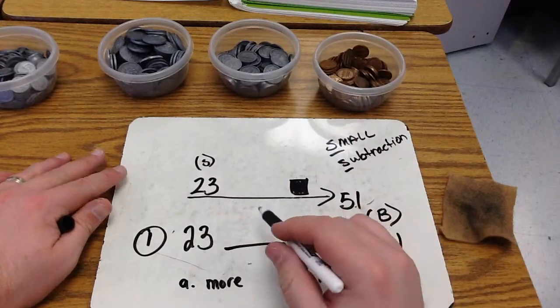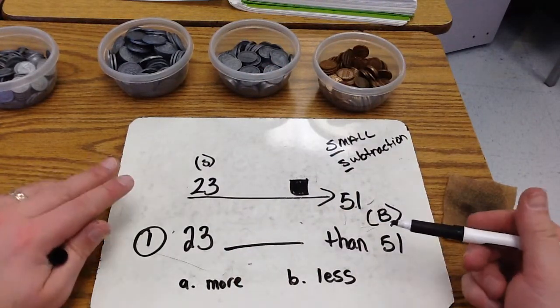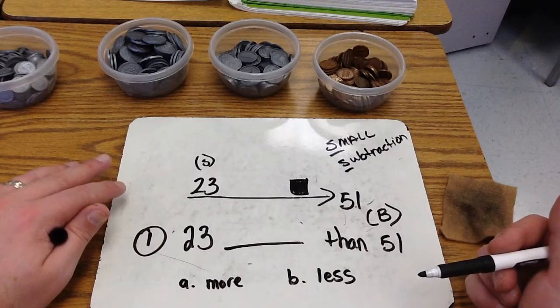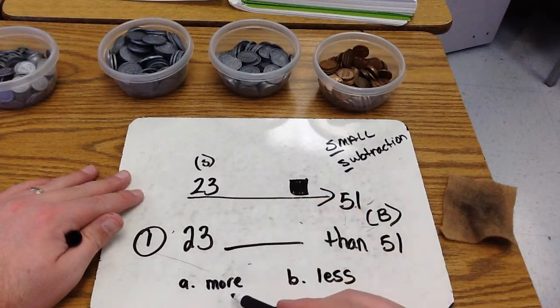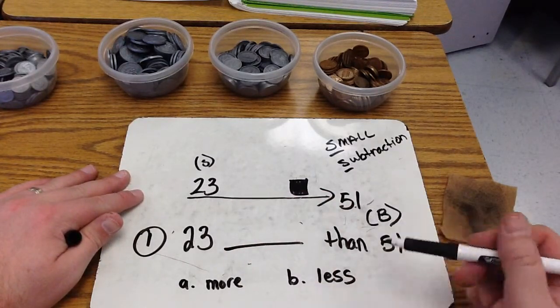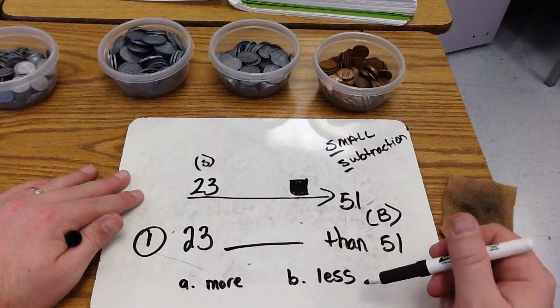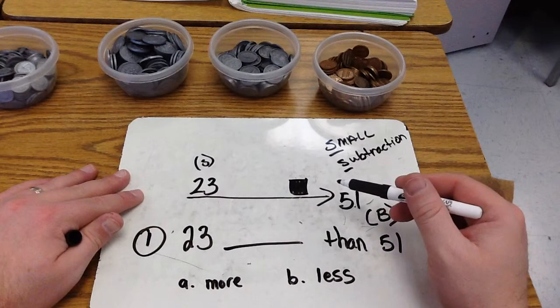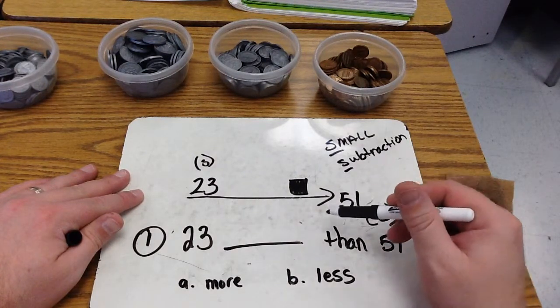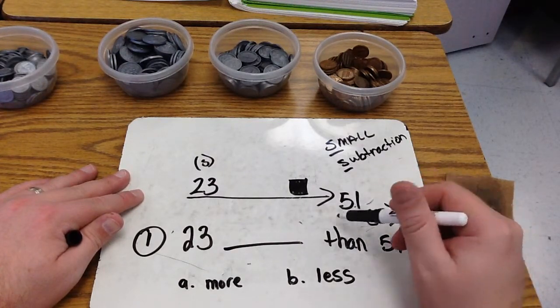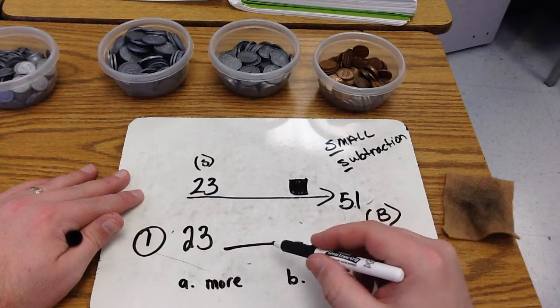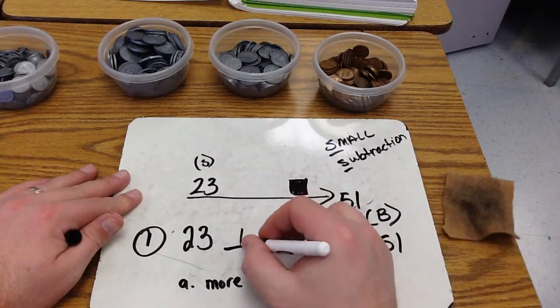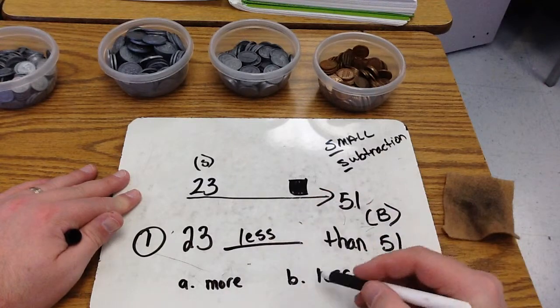So to find a small number I would use subtraction. So looking at this, is 23 going to be more than 51? Or is 23 going to be less than 51? If to find the missing number here, I would have to subtract, because it's a big number, then what I would put here is that 23 is less than 51.